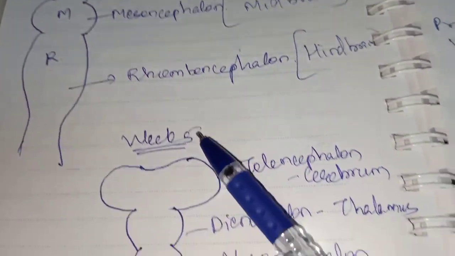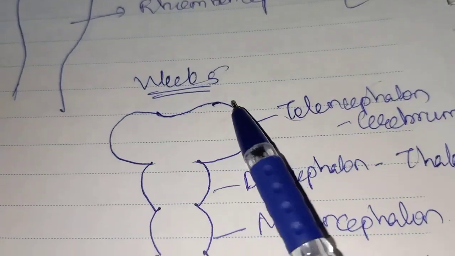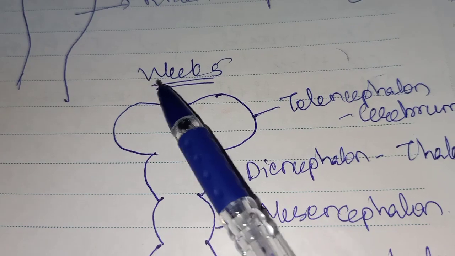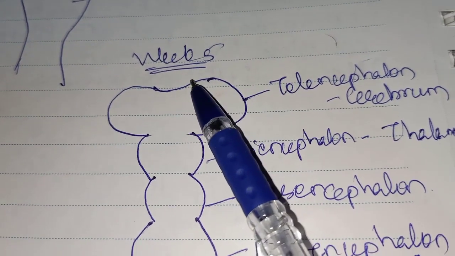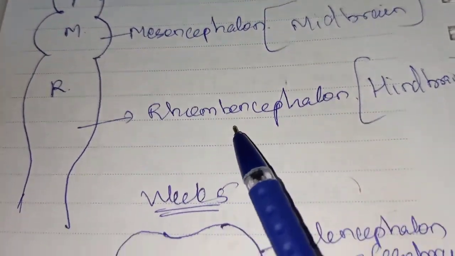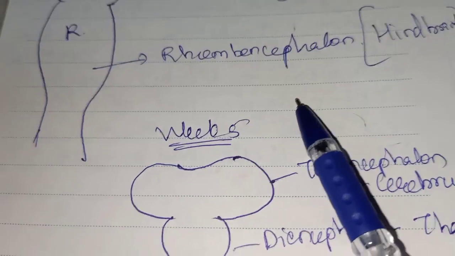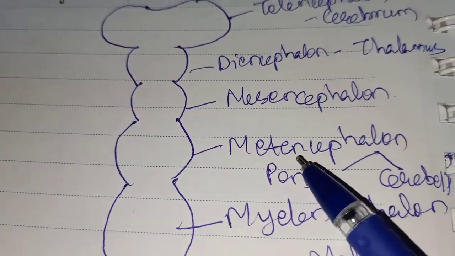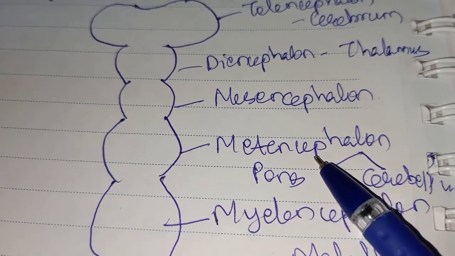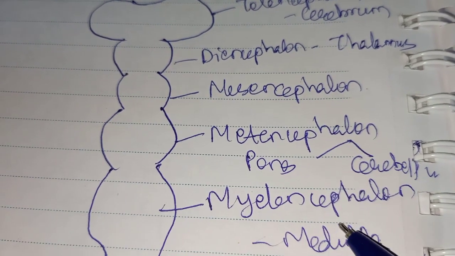Okay, now by the fifth week, the next week, this rhombencephalon is divided into metencephalon and myelencephalon.